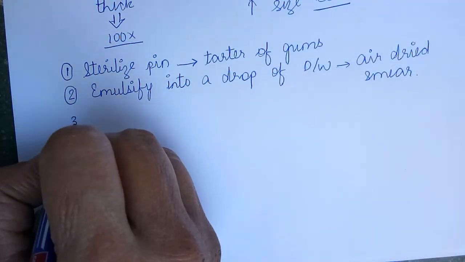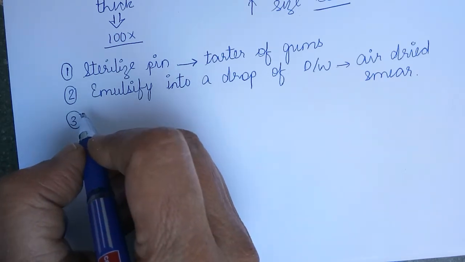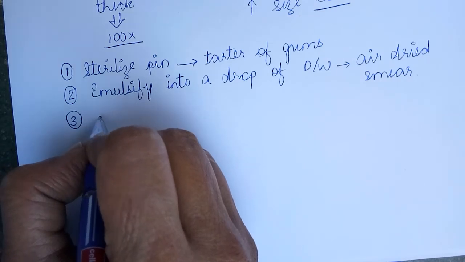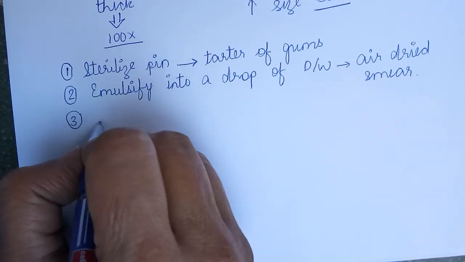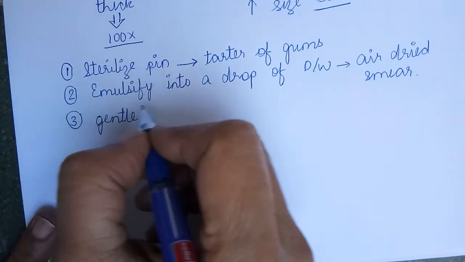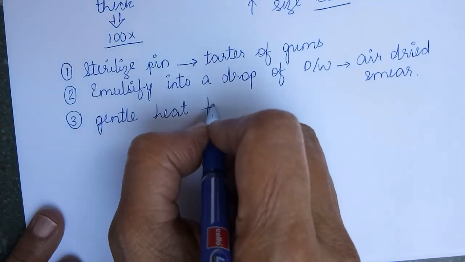After preparation of the smear, the next step is gentle heat fixation, by passing the slide through the flame 3 times. So we will write that: gentle heat fixation.